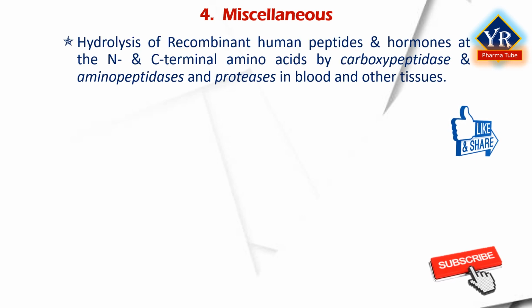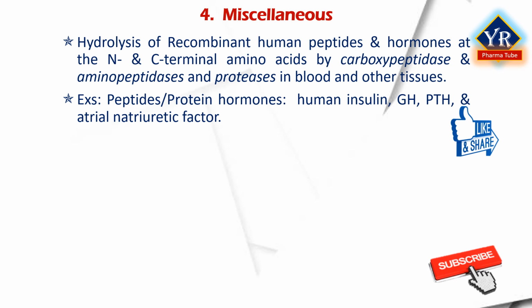Hydrolysis of recombinant human peptide drugs and hormones at the nitrogen or carbon terminal amino acids by carboxypeptidase and aminopeptidases and proteases in blood and other tissues is a well-organized hydrolytic reaction. Examples of peptides or protein hormones undergoing hydrolysis include human insulin, growth hormone, parathyroid hormone, and atrial natriuretic factor.